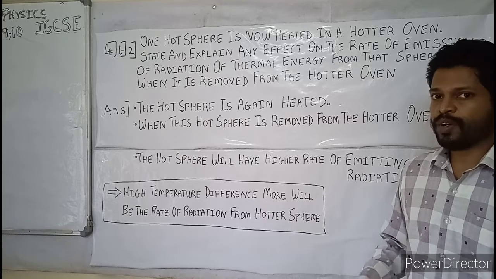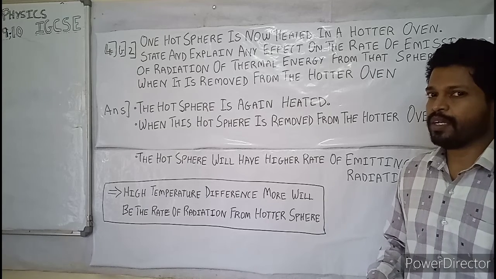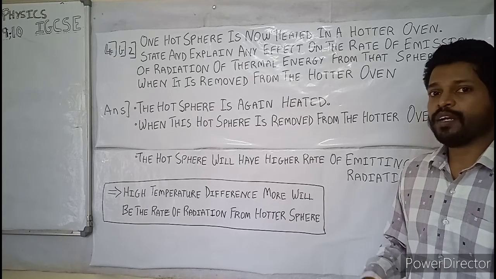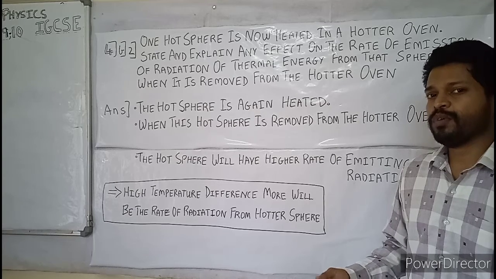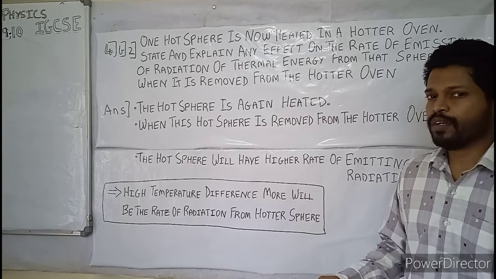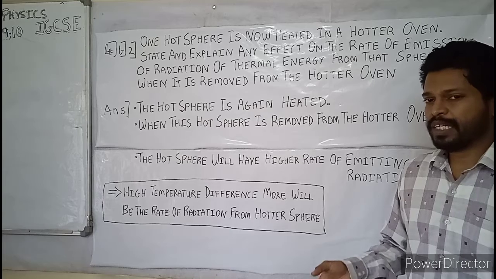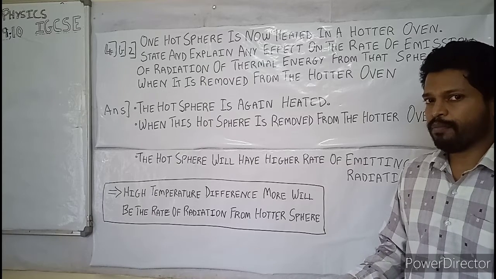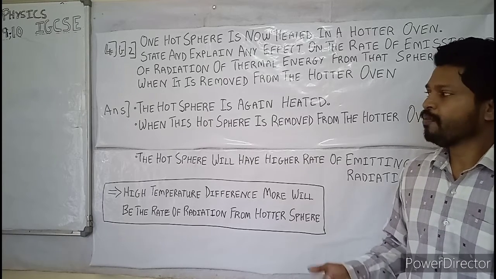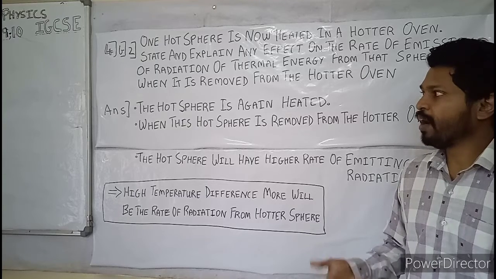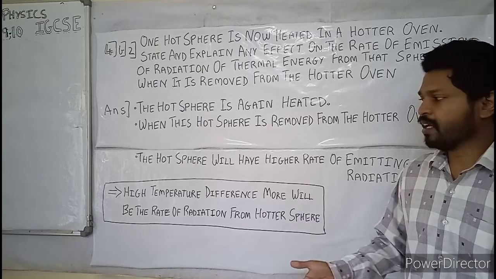And let me give you once again what we had completed right now. We had taken a hotter sphere and we have put the hotter sphere into one hotter oven. Once it is taken from the hotter oven after heating, we need to explain why it is emitting more radiation.